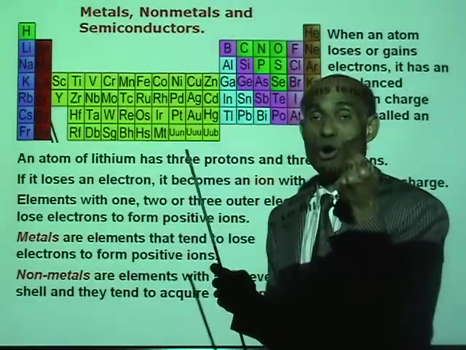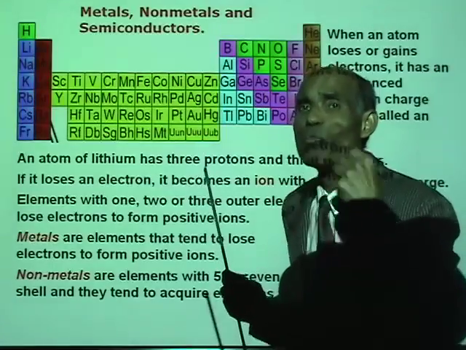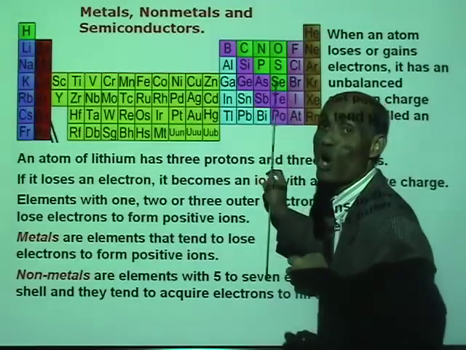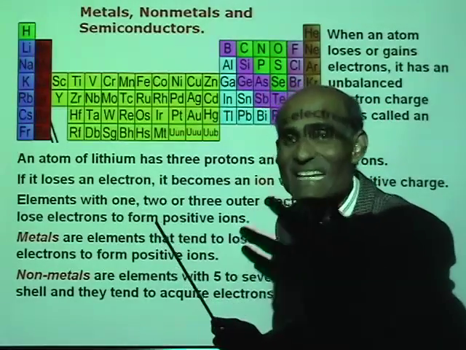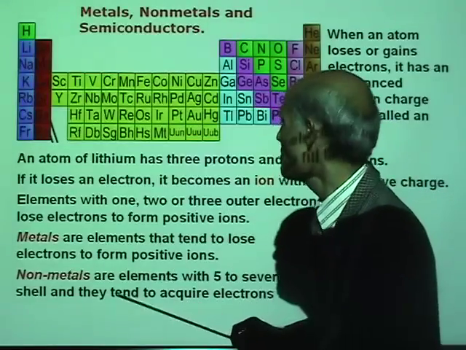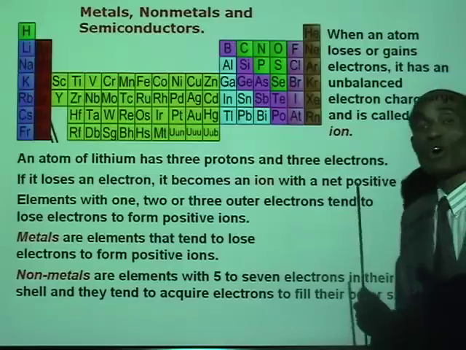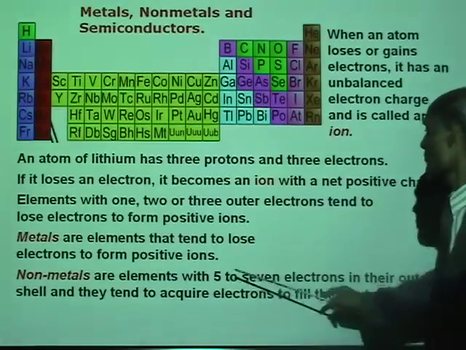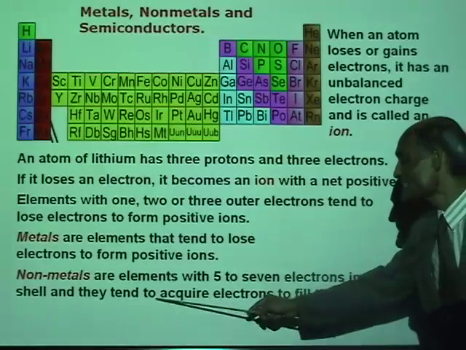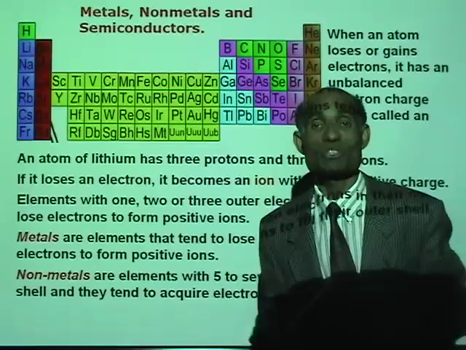They want more. So they will be very much ready, willing to accept more electrons. And they are non-metals. Non-metals are elements with 5 to 7 electrons in their outer shell, and they tend to acquire electrons to fill their outer shell.